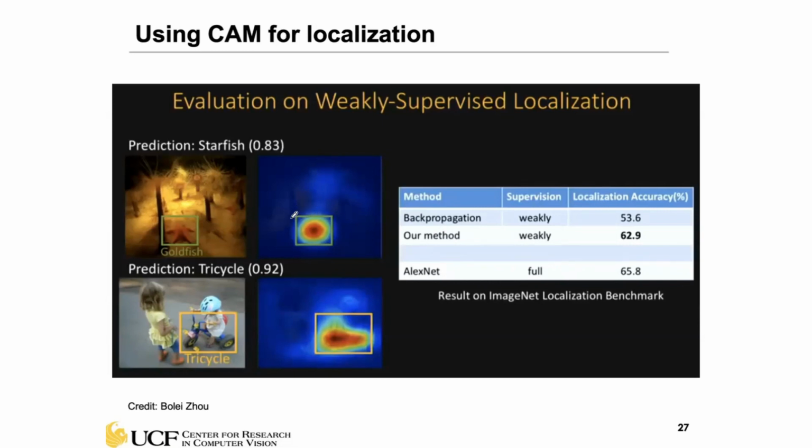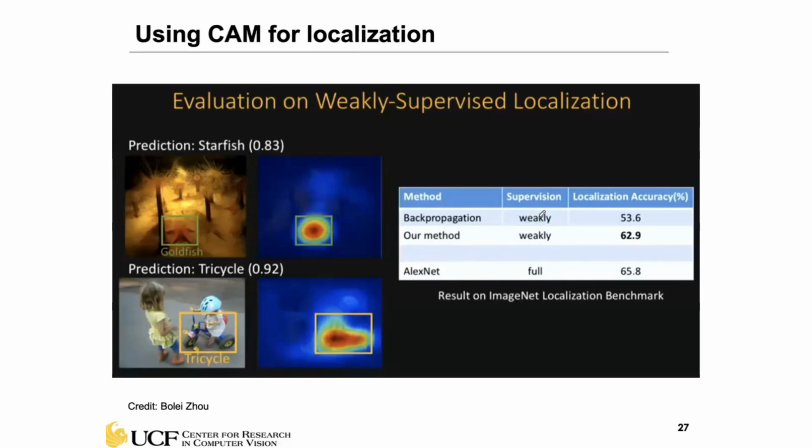In this case, we can generate a binary mask based on this heat map, and then use the mask to generate a corresponding bounding box and use that as the localization. So the authors use this interesting mechanism to do weakly supervised localization.